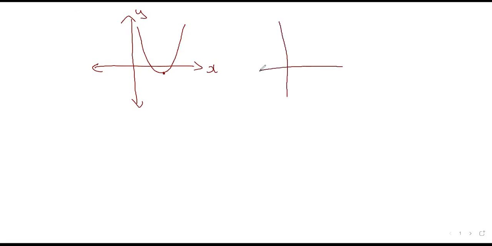And here I'm going to plot another graph of dy by dx and x. So you can see that here the derivative is, what is happening to the derivative over here? It's decreasing. And what is happening over here?